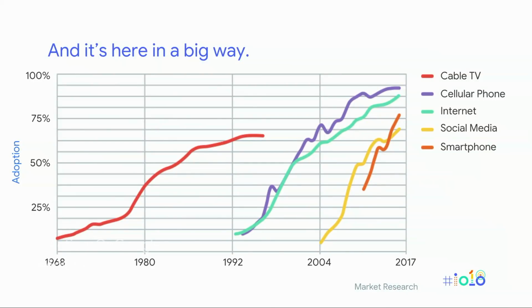And as you can see, each one gets sharper and has higher adoption rates as we get closer to where we are now. And then you look at us, smart speakers. Now, while it's small right now, that curve is the sharpest of them all. People are running to these devices and adding it to their homes around the world.